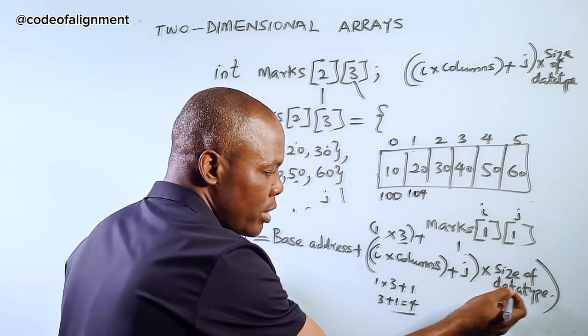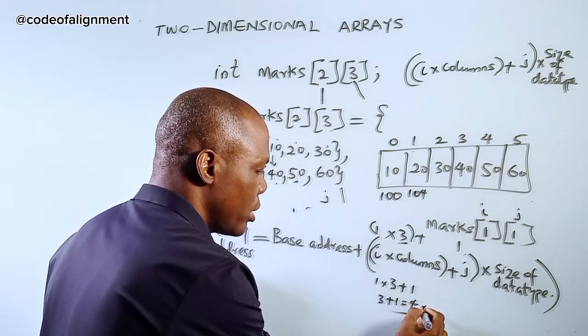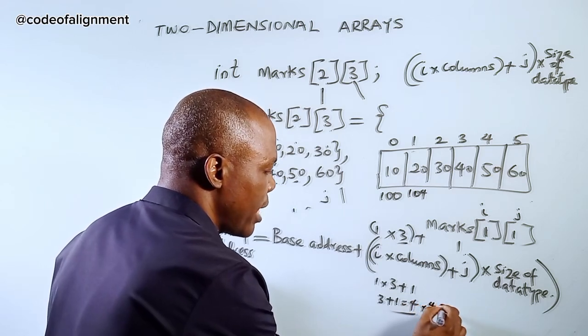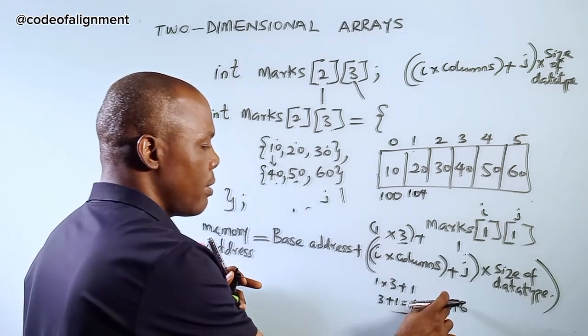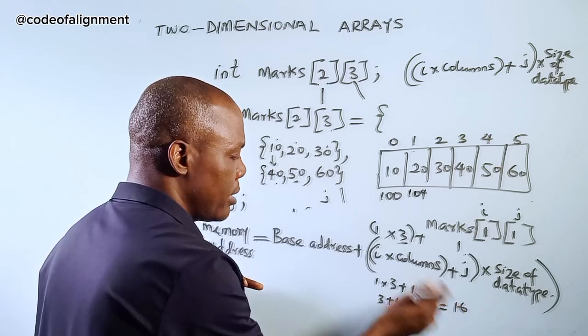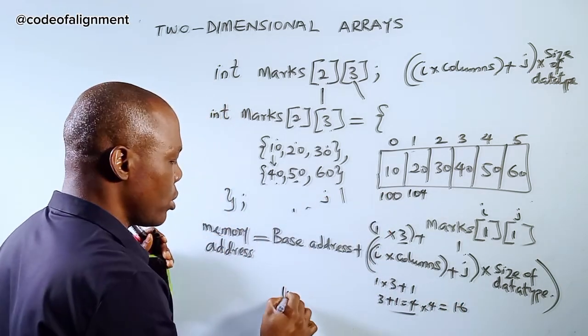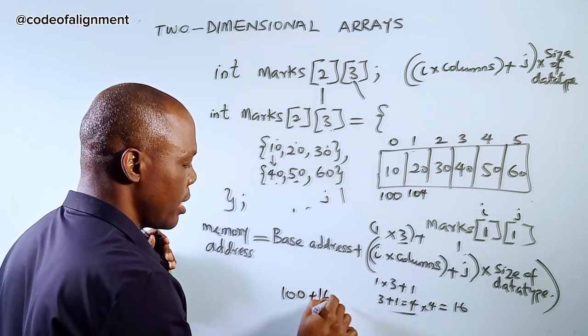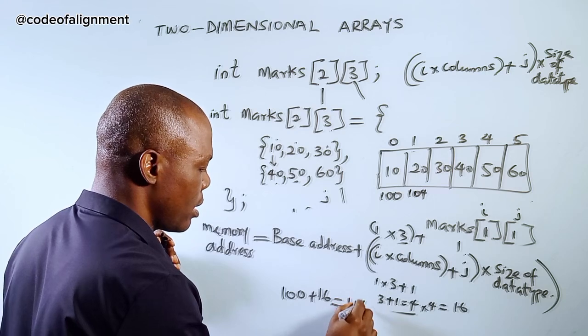So that is why we multiply by 4. That is 16. Right? Now the base address is 100. So 100 plus 16 will give us 116.